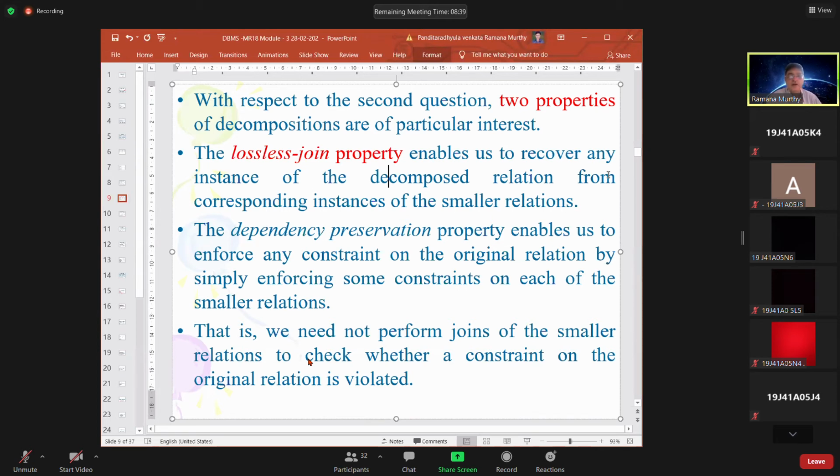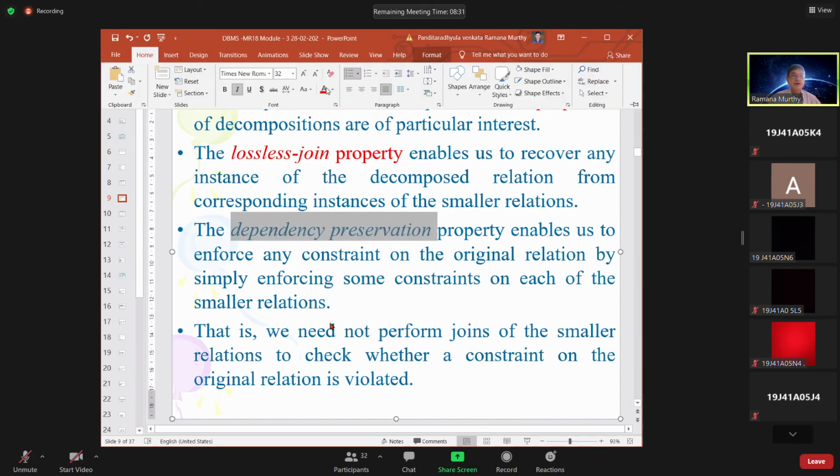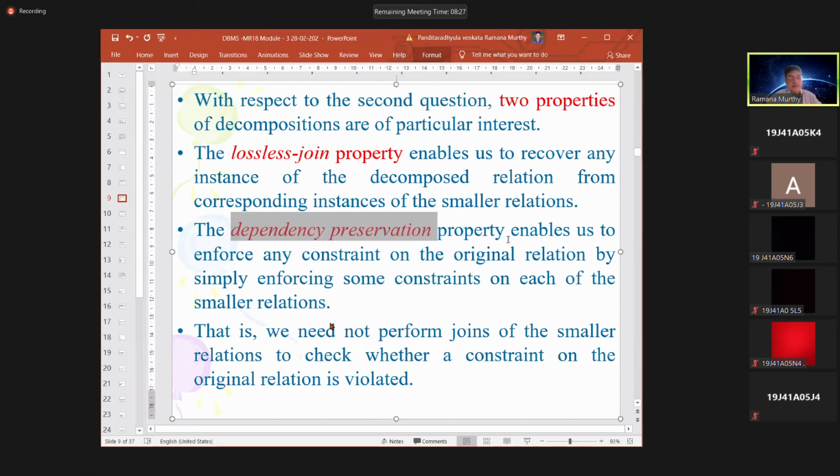That is the number one. Number two, dependency preservation. Okay, what is the meaning of dependency preservation? Means, as I told you previously, we are having some functional dependencies. We are identifying whether the data is depending on each other or not, or proper columns or related columns in the table or not.